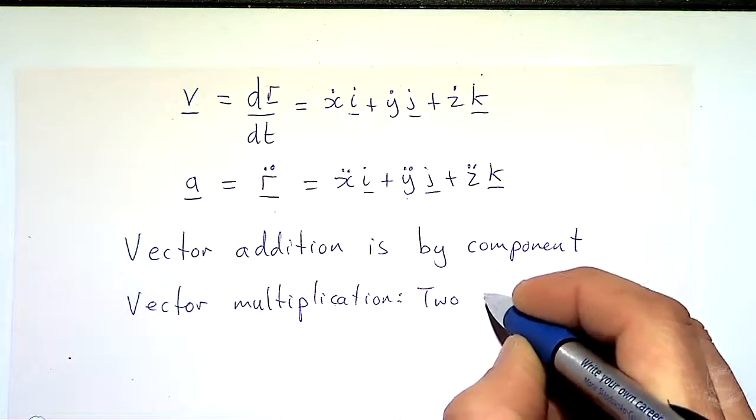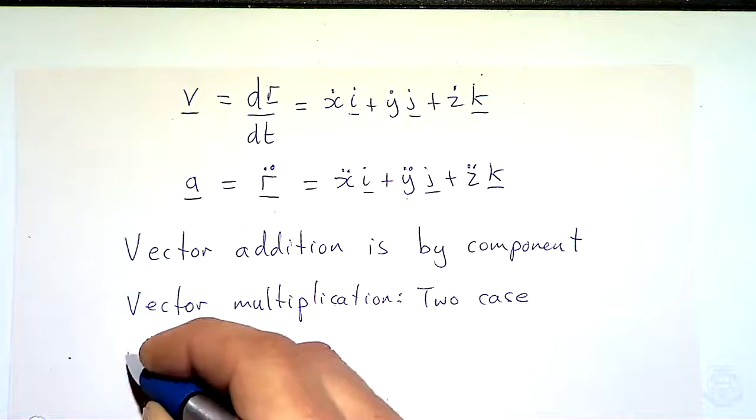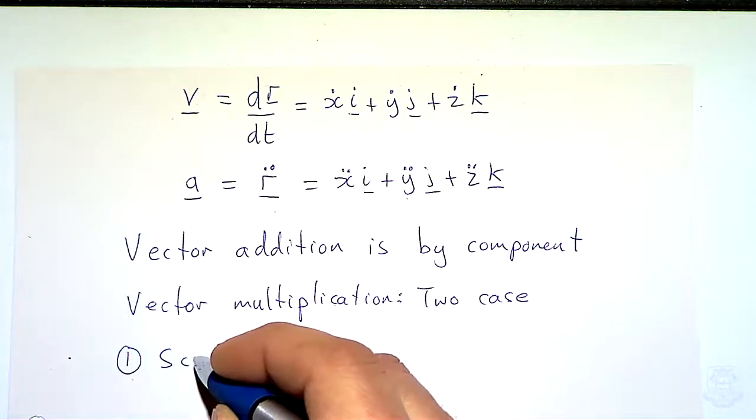And there are two cases, aren't there? The first one is the scalar or dot product.